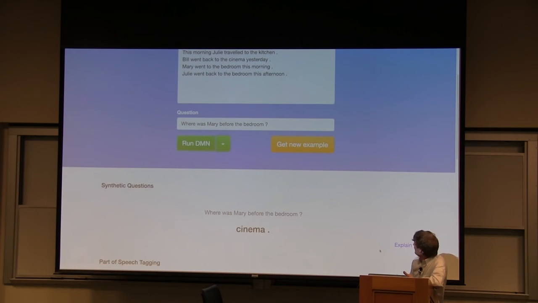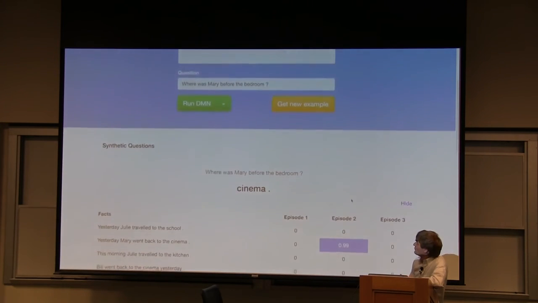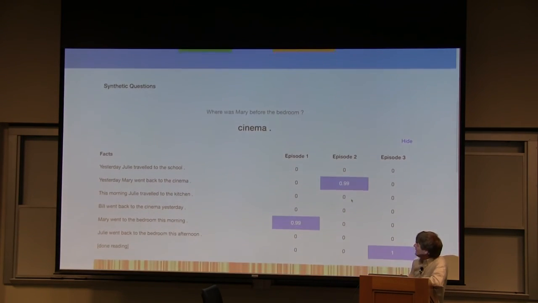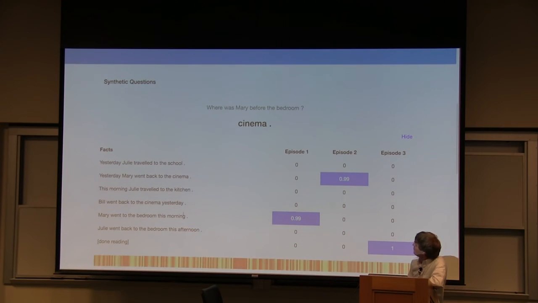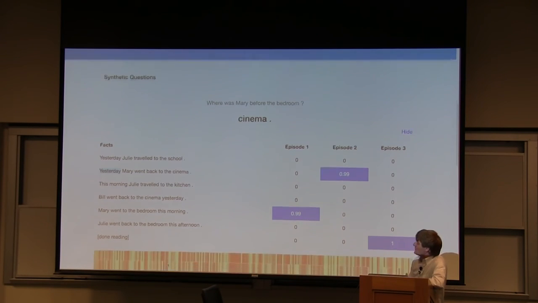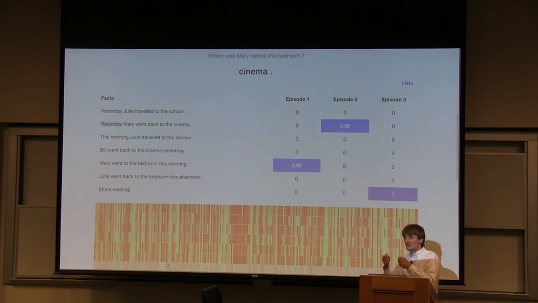And amazingly, the model is able to reason over these different facts and basically come up with, well, first I pay attention to where she was this morning, and then I find things like yesterday. And because yesterday happens before this morning, I now give you the answer that it's cinema. And we didn't require any logical expressions of like, here are temporal words, and I combine these temporal words this way.